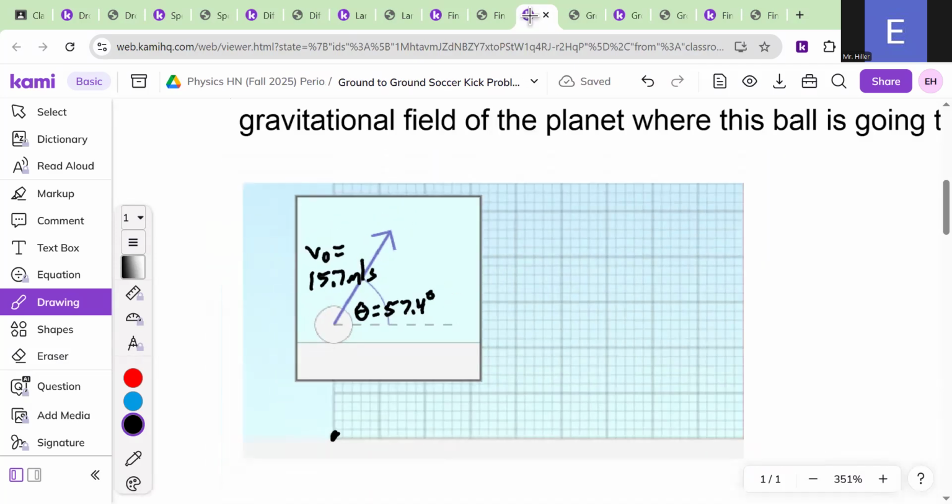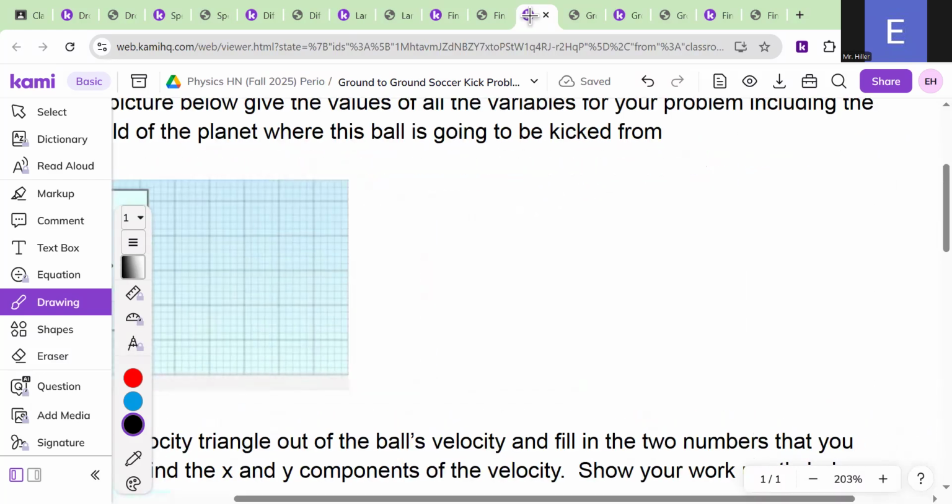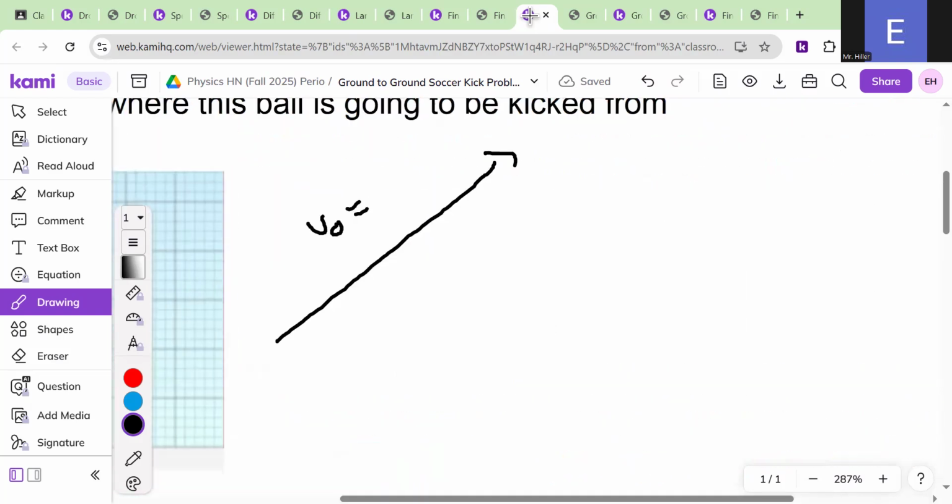All right. Now, from this, guys, over to the side, let's go ahead and find our V naught X and V naught Y. So if this is our V naught, in my case, V naught is 15.7 meters per second. So you've got to find your V naught X and V naught Y. Well, V naught X is the adjacent side of the triangle.